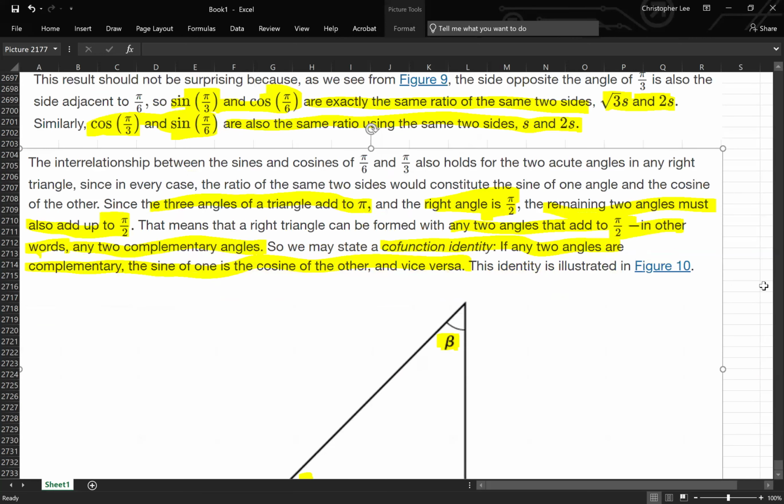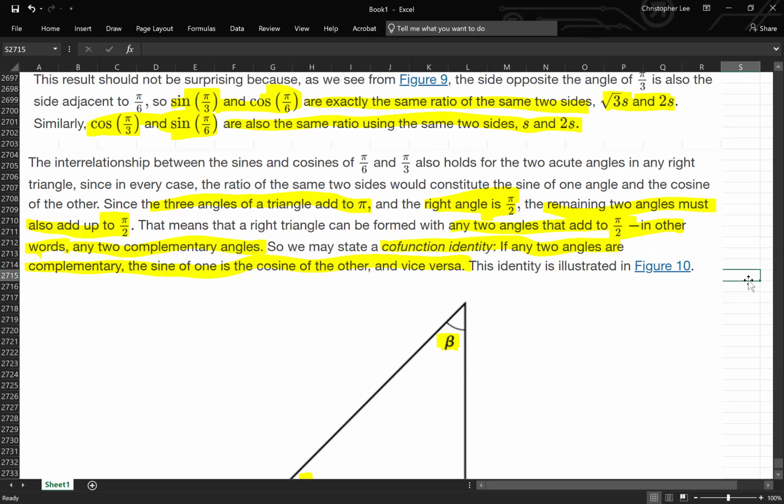So the interrelationship between the sines and cosines of pi over 6 and pi over 3 also holds for the two acute angles in any right triangle. In every case, the ratio of the same two sides would constitute the sine of one angle and the cosine of the other. Since the three angles of a triangle add up to pi, and the right angle is pi over 2, the remaining two angles must add up to pi over 2.